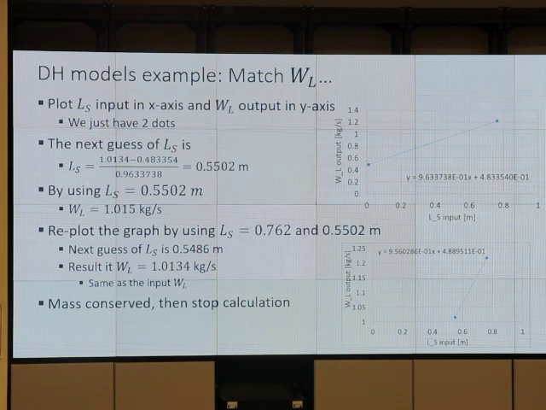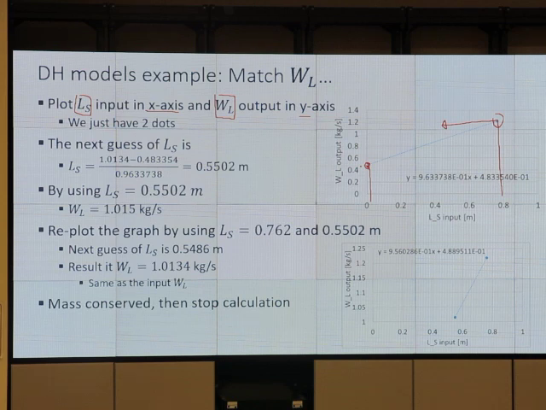Then I plot LS on the x-axis and WL on the y-axis. We have two dots. If I use 30 diameters, I get about 1.2. If I use something small, I get about 0.5.